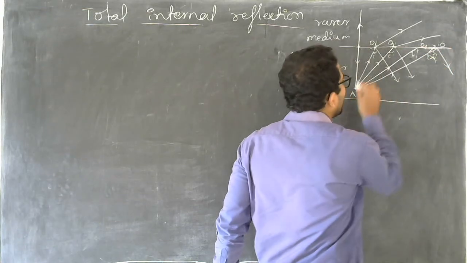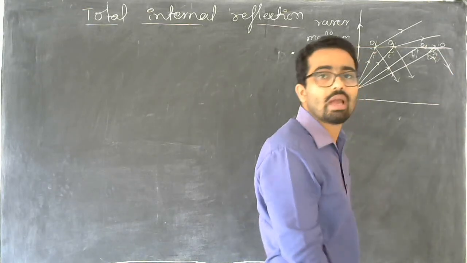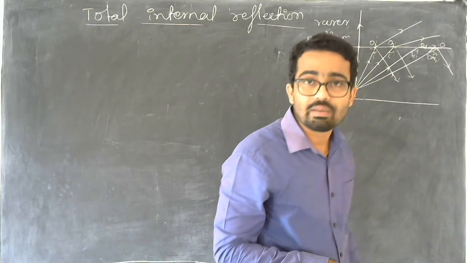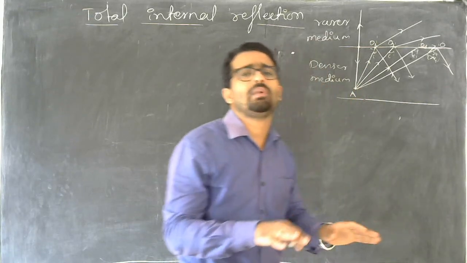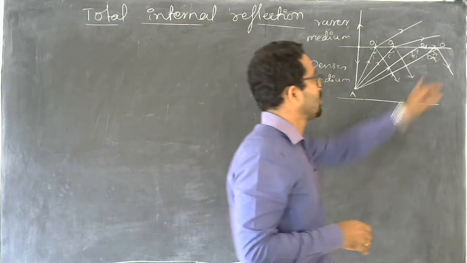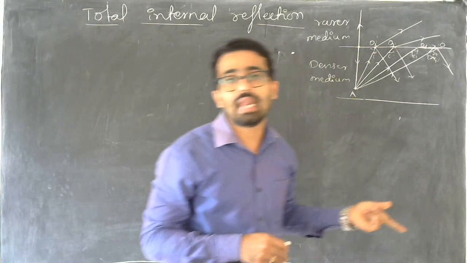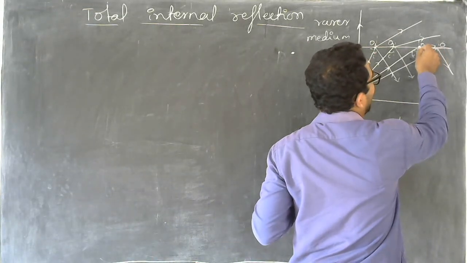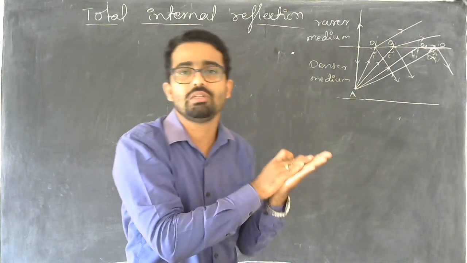So this ray is incident at an angle which is called the critical angle. At this point, the whole ray grazes the interface of the two media, so it passes along the surface of the two media. If the angle of incidence is increased, greater than the critical angle, then the ray will be totally reflected back into the denser medium. At the critical angle, the refracted ray passes along the interface of the two media.